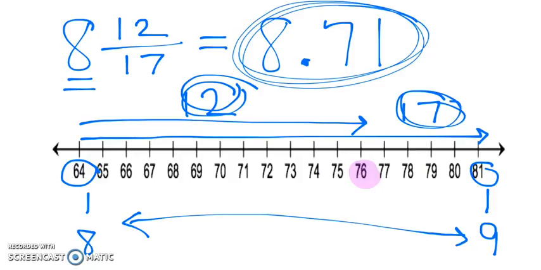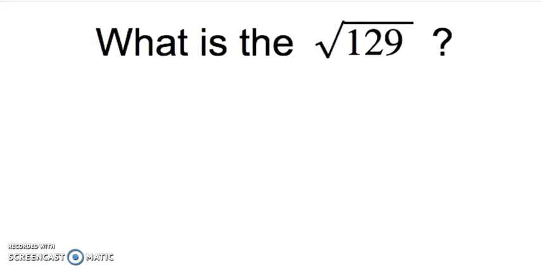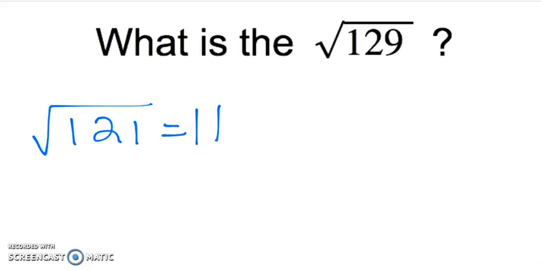Let's try another one. What is the square root of 129? So our first step again would be to get a perfect square that's smaller than 129 and slightly larger than 129. I chose 121, and that square root would be 11.